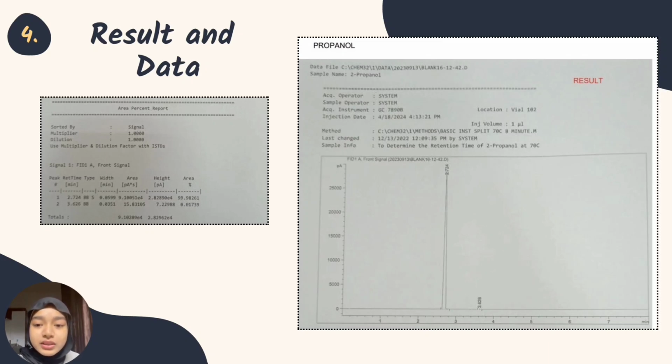A very small secondary peak is observed at around 3.63 minutes with an area of 0.017%, which is negligible. No other significant peaks are detected in the chromatogram, showing that no additional compounds are present in detectable amounts under the experimental conditions. The peak observed is sharp and well-defined, confirming successful chromatographic separation and stable instrument performance.